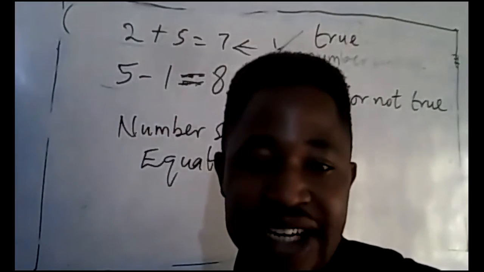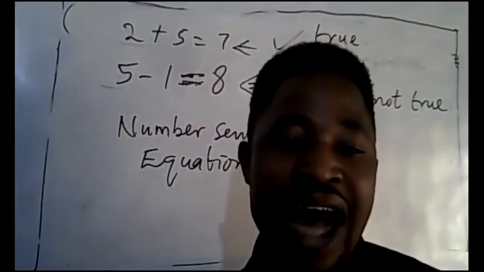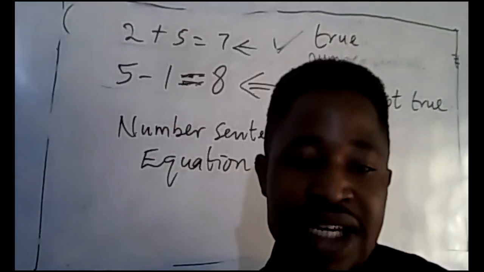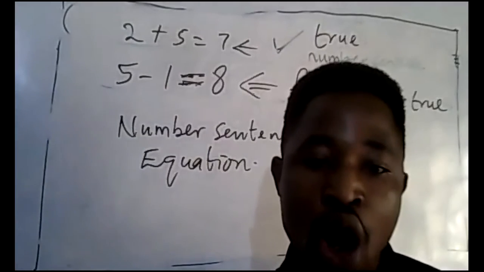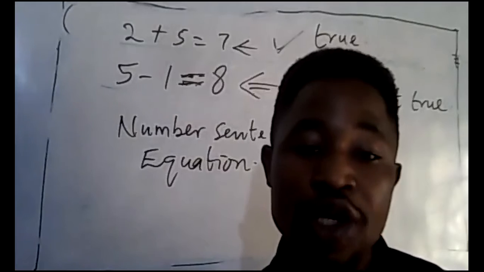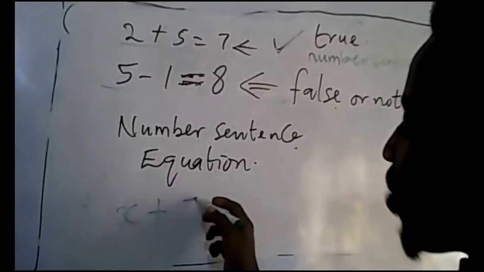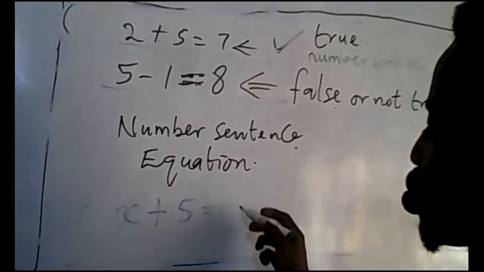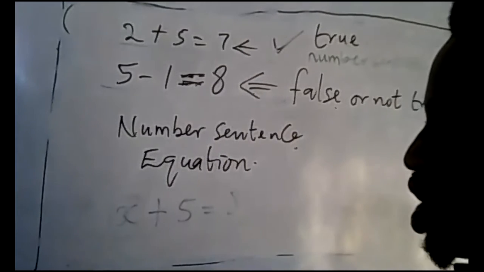An alphabet equation is an equation with an unknown that is represented with a letter. What do we call unknown? Unknowns are what is represented with an alphabet that we need to find. For instance, if I write x plus 5 equals 8, what will x be?